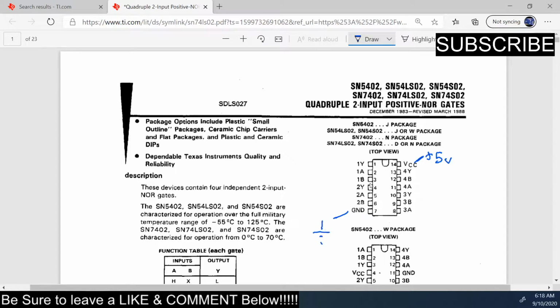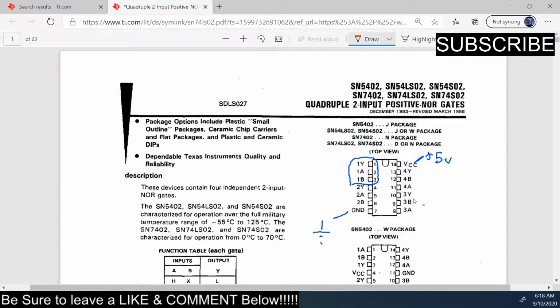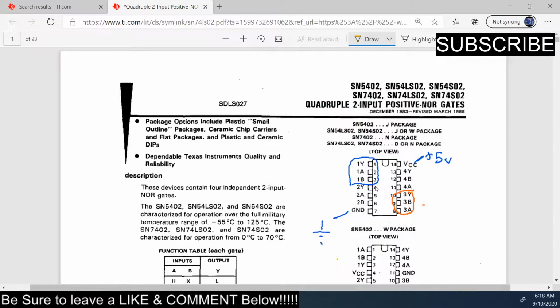And then you have this section here. That is 1. This is a second one. It's actually number 3, but that's how they're connected. Just trying to use different colors here.